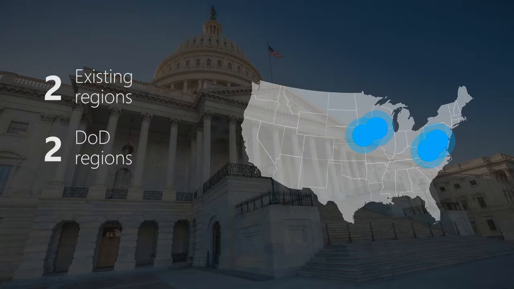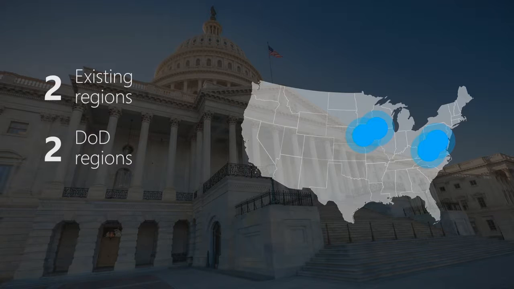Again, back to the specifically Azure Government deployment. We have two existing regions. We have two DoD dedicated regions, and those are also in Virginia and Iowa. Those are dedicated only to DoD customers. Some of the federal, state, and local customers that are able to get subscriptions in the Azure Government environment are further restricted from access to those dedicated DoD regions.